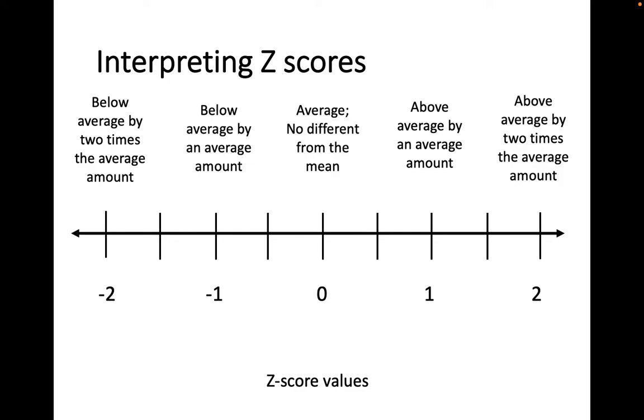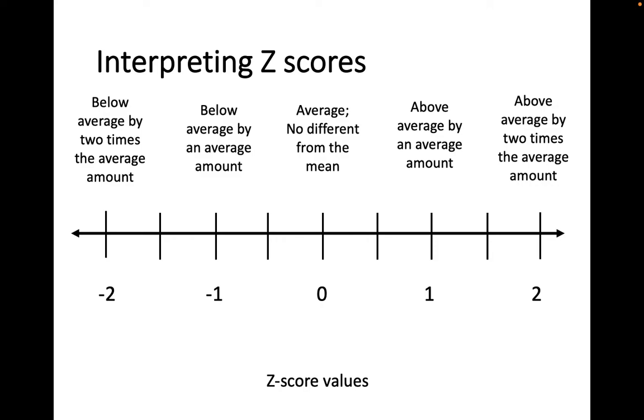The continuum is centered around 0 and then goes to the left and to the right, basically to infinity, an unbroken continuum of numbers. So it's possible to have a z-score that is any number, and we use these guidelines as a way to interpret what that z-score means.